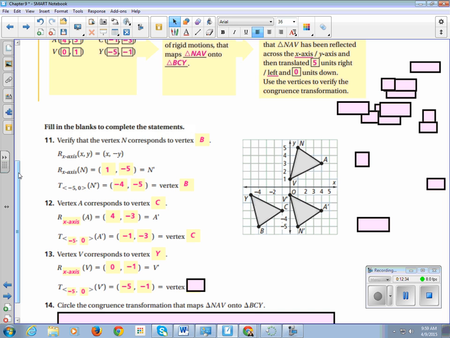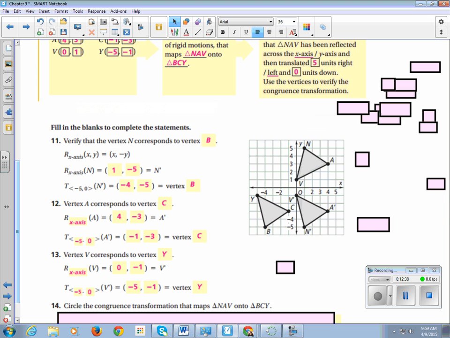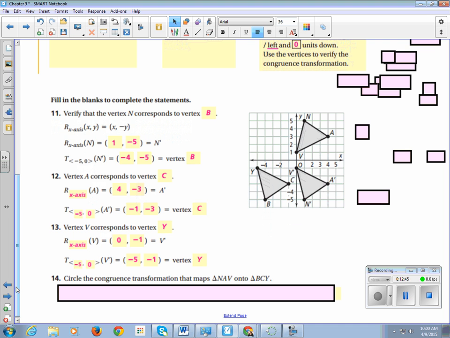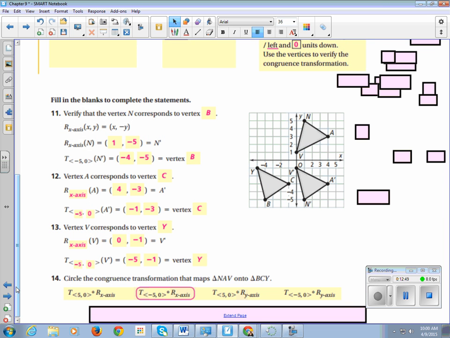And we get -5, -1, which is Y. So the congruence transformation that maps triangle NAV to triangle BCY is first a reflection across the x-axis and then a translation of -5, 0.